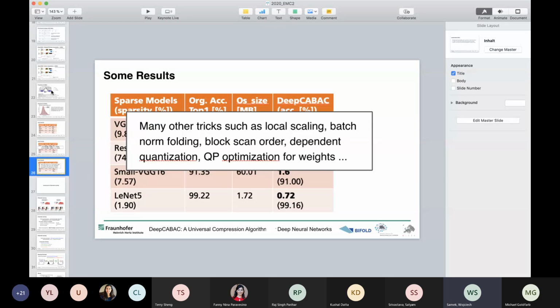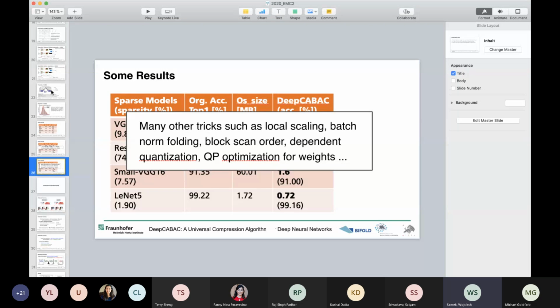You can adapt the block scan order. You can use, instead of uniform quantization, dependent quantization, which is a much more advanced quantization technique. You can optimize your QP parameters for all the weights. So there are a lot of tricks we can apply to further reduce the size of the neural network without sacrificing accuracy.